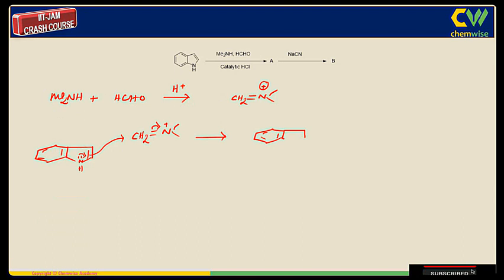Indole NH plus, CH2 in NMe2, and plus. In the next step, what will happen? The gain of aromaticity, basically these things, minus H plus.